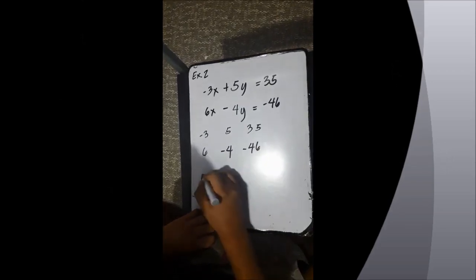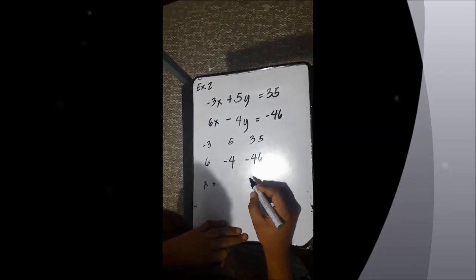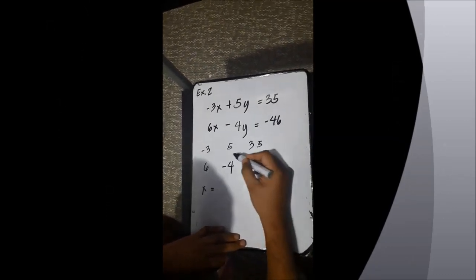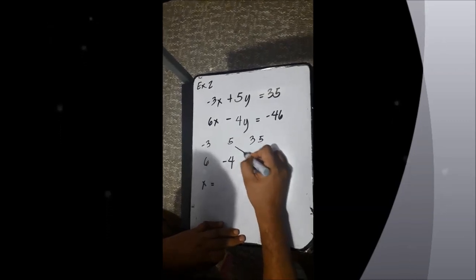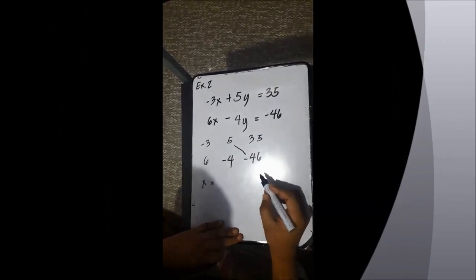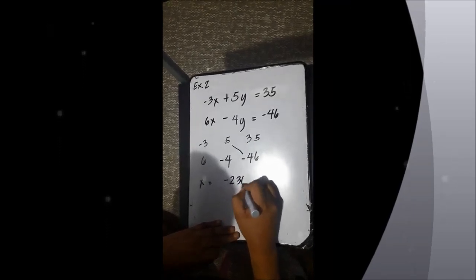Solving for x, I'll be doing cross multiplication. Coefficient of y of the first equation, 5 times the constant of the second equation. So 5 times negative 46 gives me negative 230.